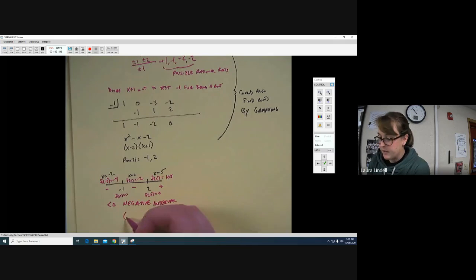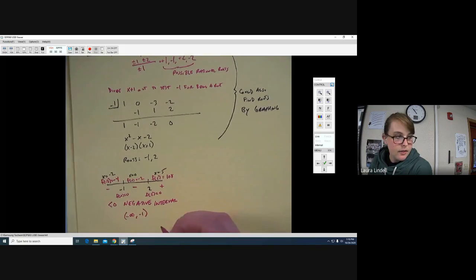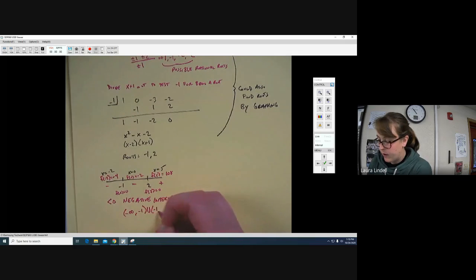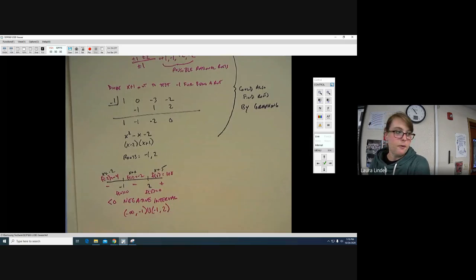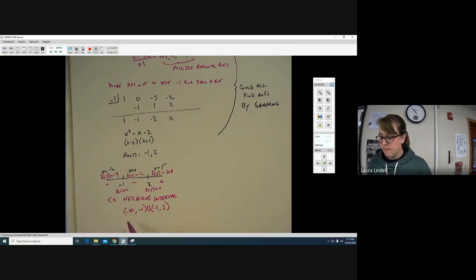So it's negative from -infinity up to -1. Then I want to exclude -1 and get the interval from -1 to 2. If it was or equal to, I could just have one big interval from -infinity up to 2. But since it doesn't have an or equal to symbol, we need to split it up and not include -1 since the function is equal to 0 at -1.